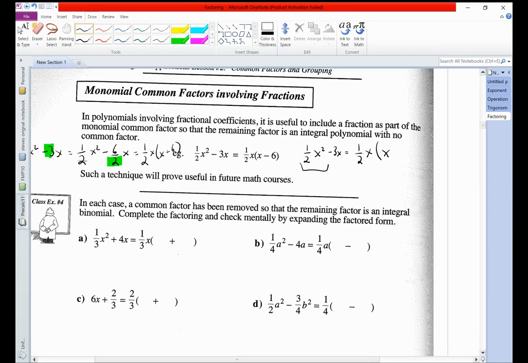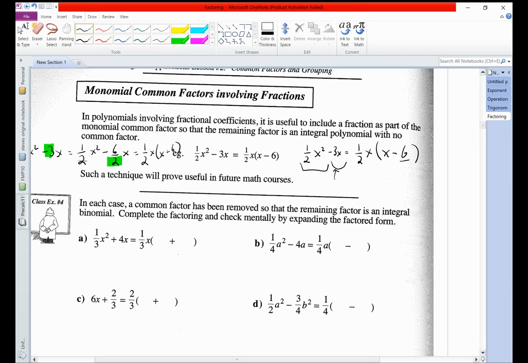If I remove 1/2 from -3x, I know that x is gone, but I don't know the number that goes there. But I do know that when I go back, if I wanted to expand this, that it has to be 3. So what times a half equals 3? And that is 6, right? 6 times 1/2, or 6 divided by 2, is 3.